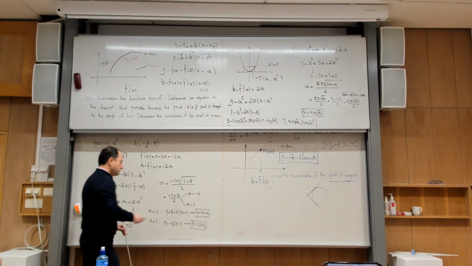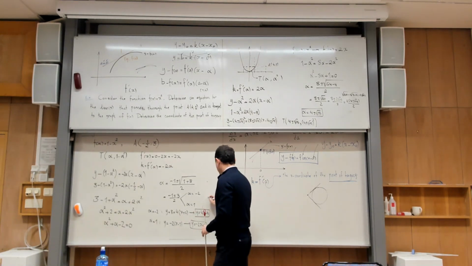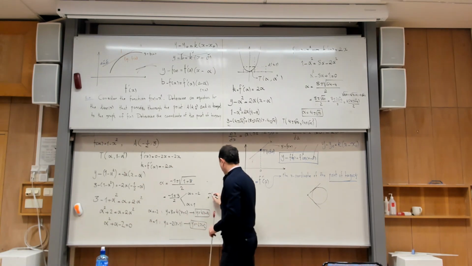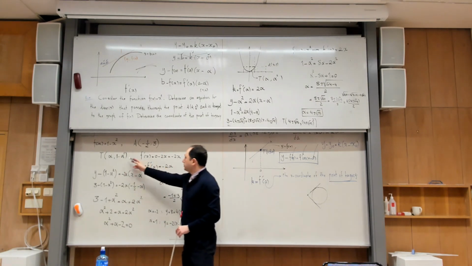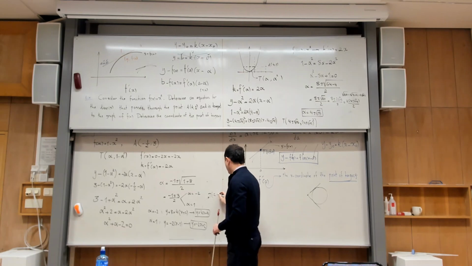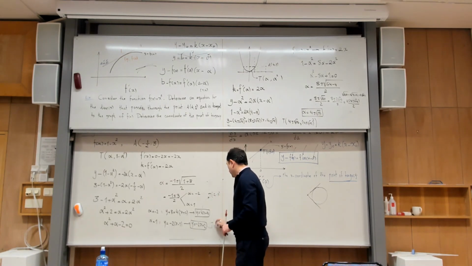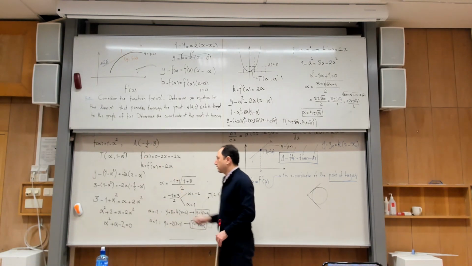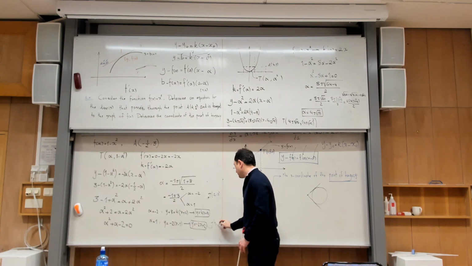Yes? So this means that the point of tangency here, alpha is minus 2. And alpha minus 2, it becomes 1 minus 4 is minus 3. And then the other one, the point of tangency for this line, I have to put alpha equals to 1 there. So it becomes 1 and 0.